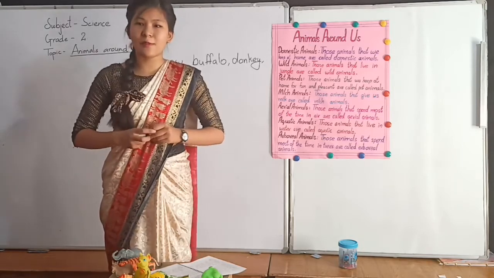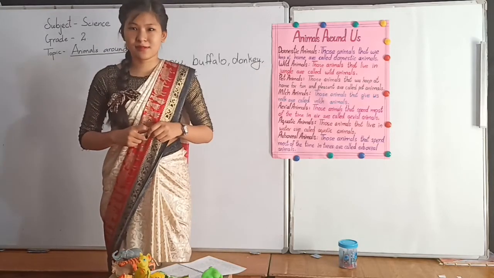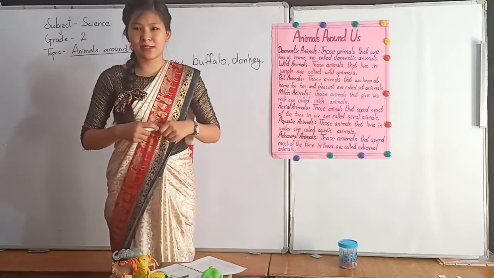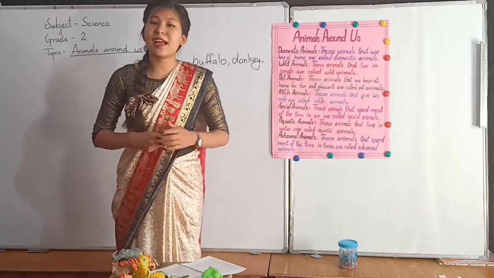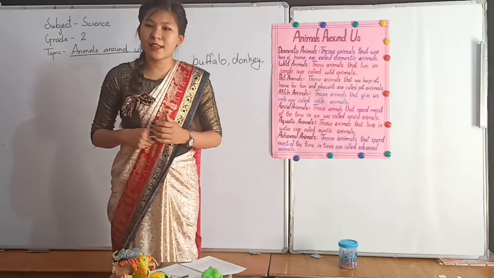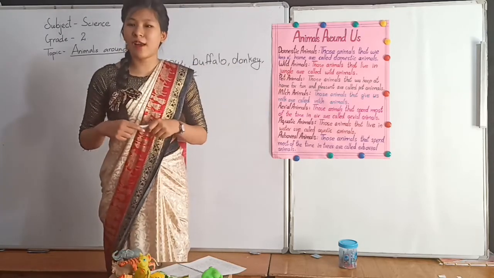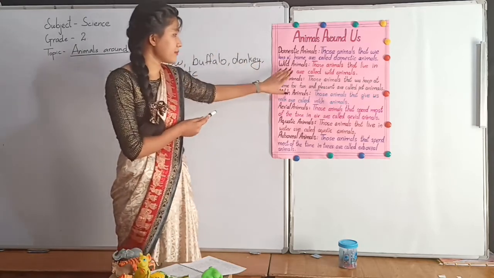Now, next topic we have is wild animals. We all know what are wild animals? Yes, those animals that live in jungle are called wild animals. So here is the definition of wild animal. Let's look into the chart, dear students.